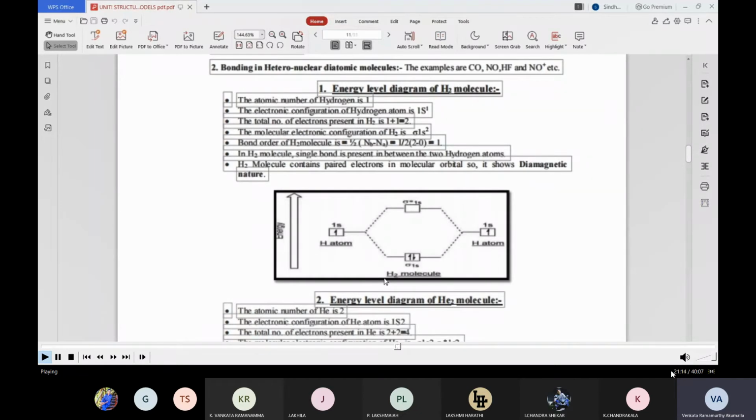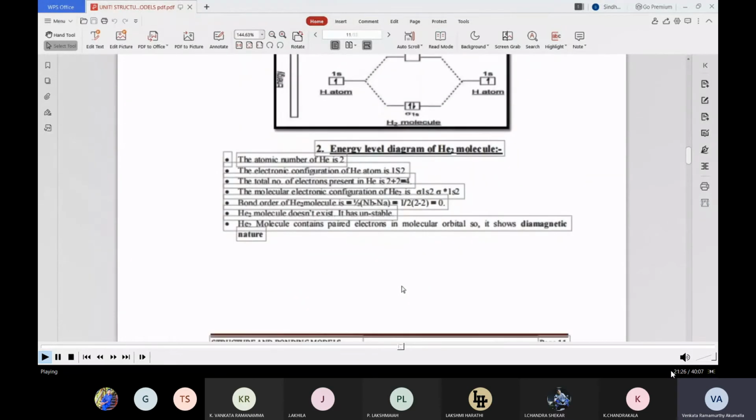Okay, this is the energy level diagram of the hydrogen molecule. It is very simple. The second one, the energy level diagram of the helium molecule, is very important.